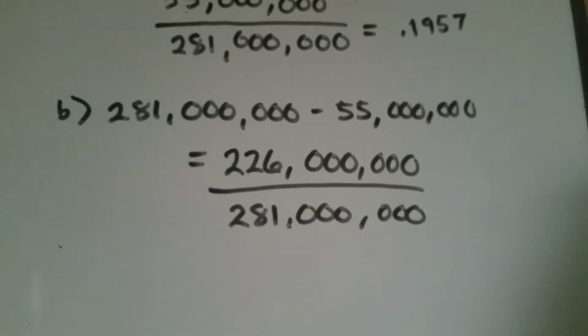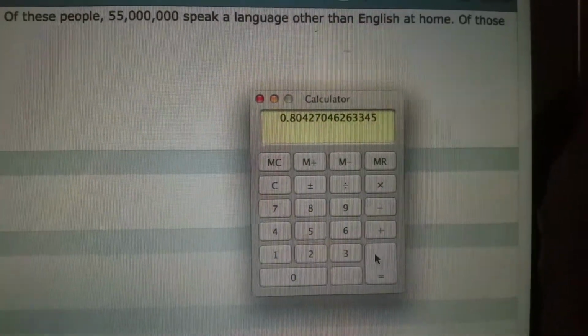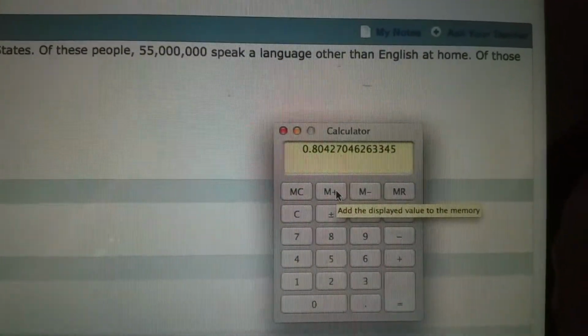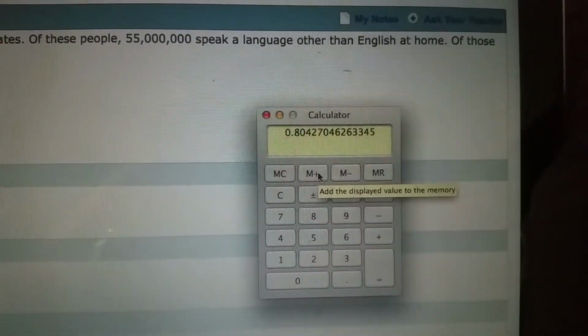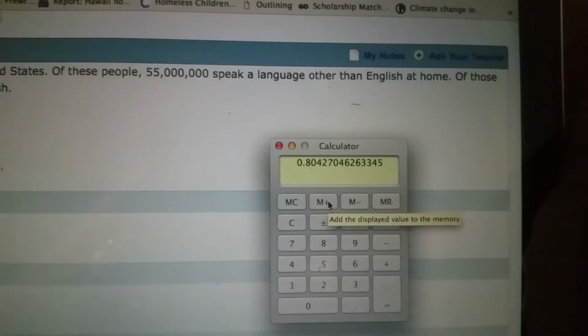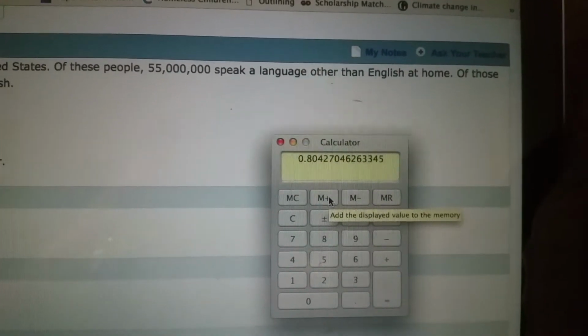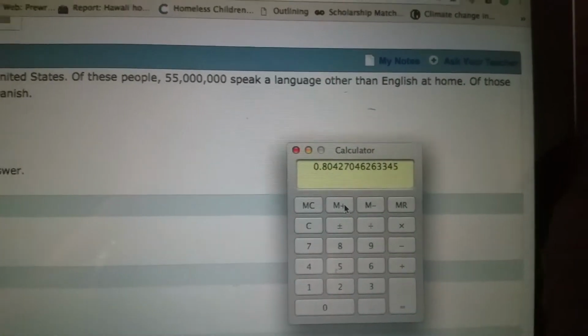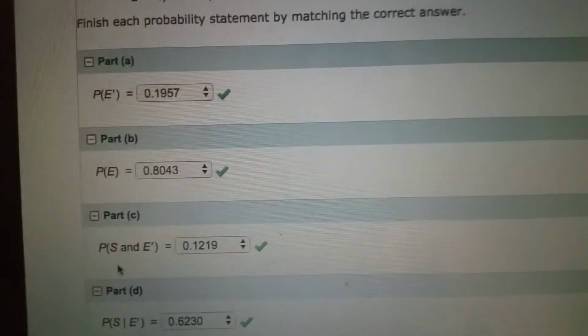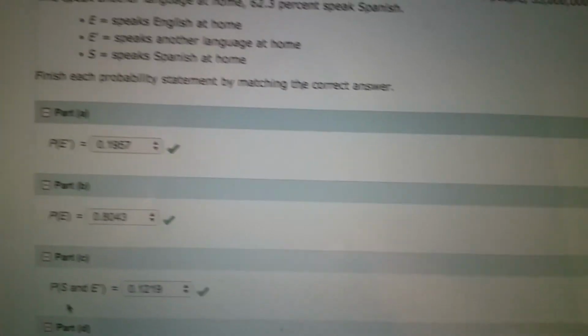So 226 divided by 281 equals 0.80427, and if I round that off to four digits, it'd be 0.8043. Okay, there we go.